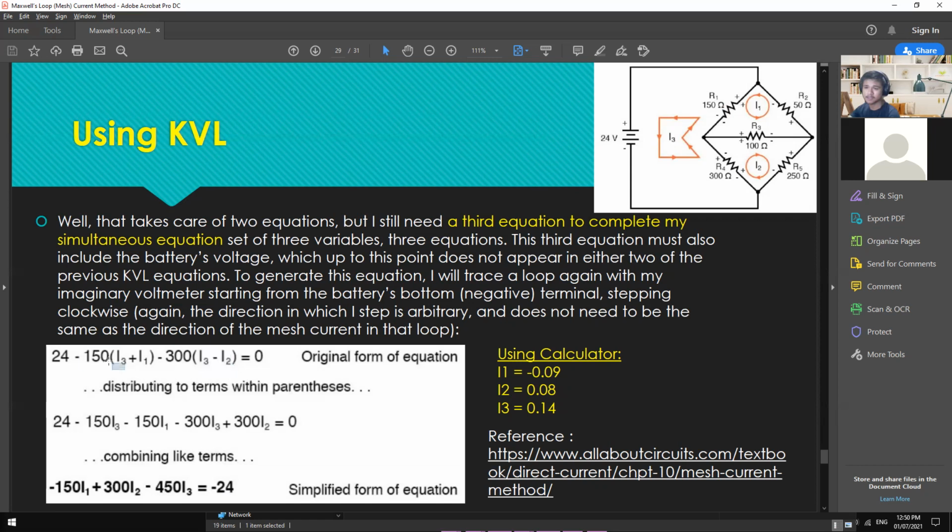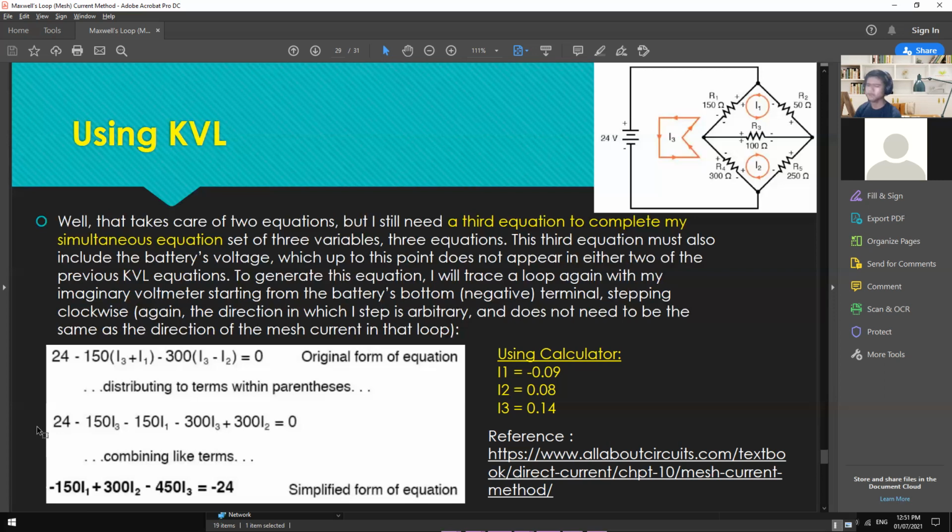Then same process, just distribute this 150 and 300. Then you will get this equation right here, and then you can combine similar terms, and it will give you this final equation for the I sub 3. From there, you can choose between two methods: either via calculator or using simultaneous equations. But in my case, once I have three equations or three unknowns, I don't use simultaneous equations anymore.